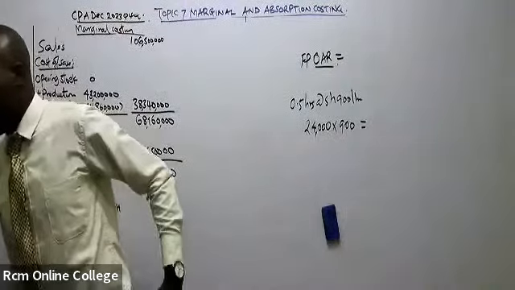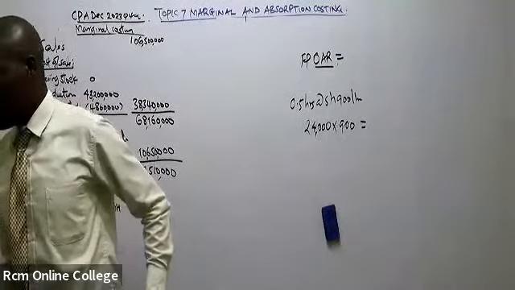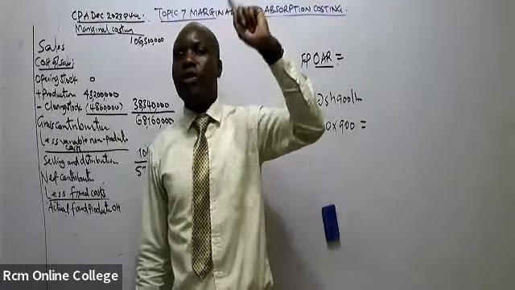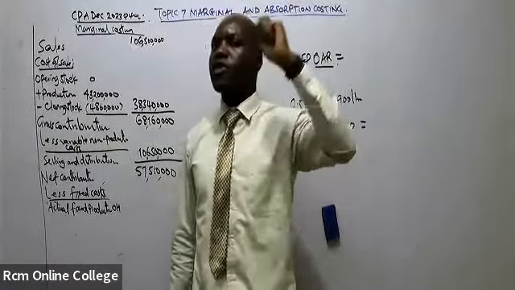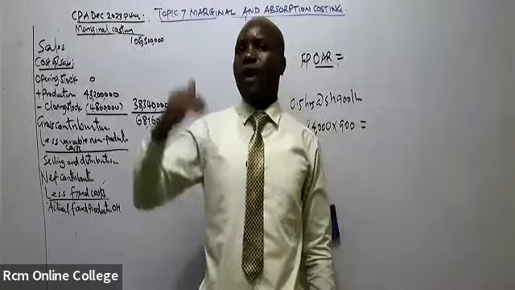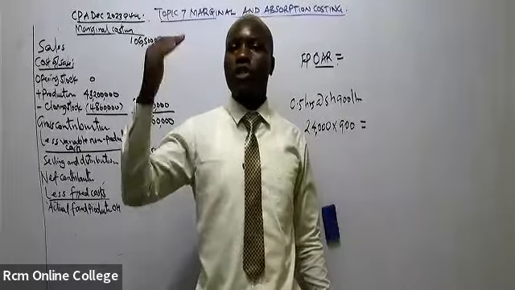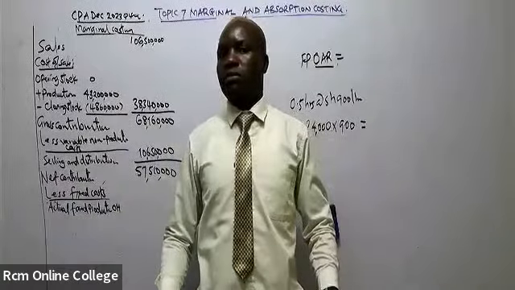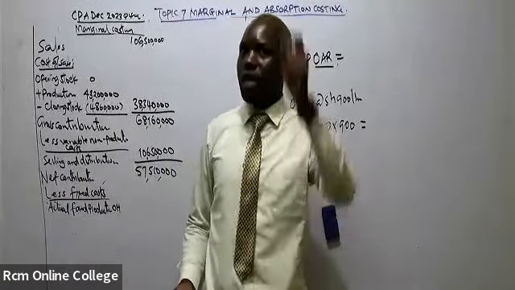So let us come for those who are lost. We are given 0.5 hours per unit of the finished product. Put that aside. Then we are told that labor rate is 900 shillings per hour. The budgeted labor hours is 24,000 hours.